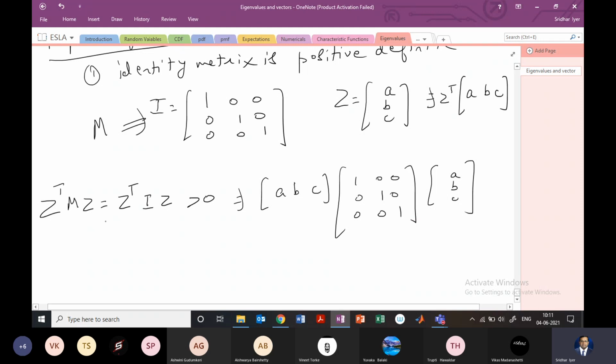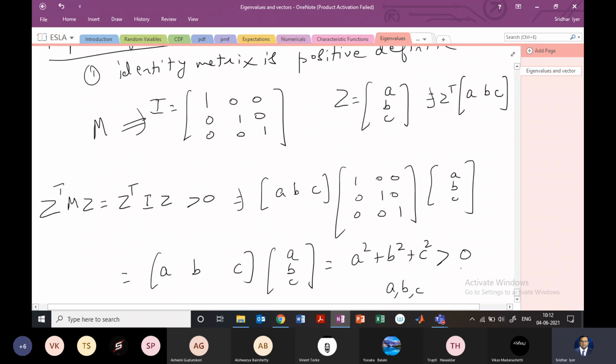So here, in this multiplication, what we'll get is just A, then B, and then C, because you have 1 0 0, so 1 will multiply with A, then you have 0 1 0, 1 will multiply with B, and then you have 0 0 1, which will multiply with C, and the last matrix is A, B, and C. So when you multiply this, you'll get A square plus B square plus C square, which is obviously always going to be greater than 0, provided A, B, and C are not equal to 0.